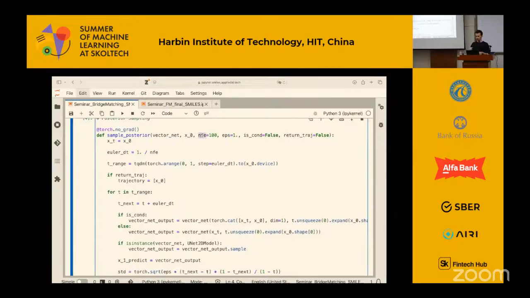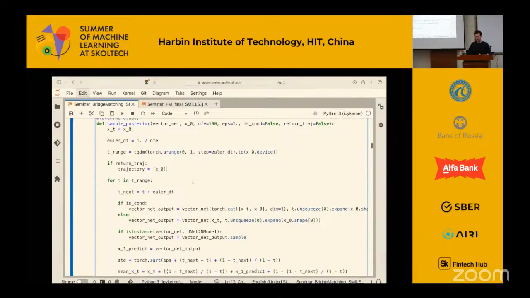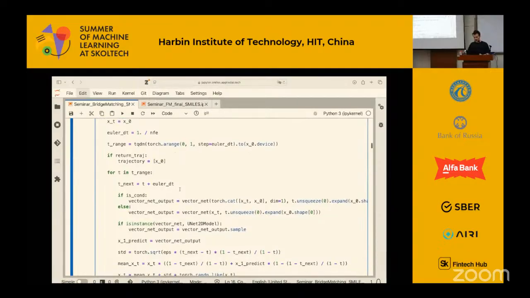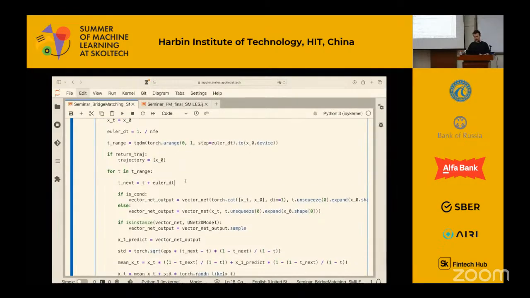Basically, on each integration step, we would need to do one function evaluation. That's why it's called number of function evaluations, so NFE. Then we have our time grid, which will be from 0 to 1 divided into 100 small steps, delta t, which would be 1 divided by 100.